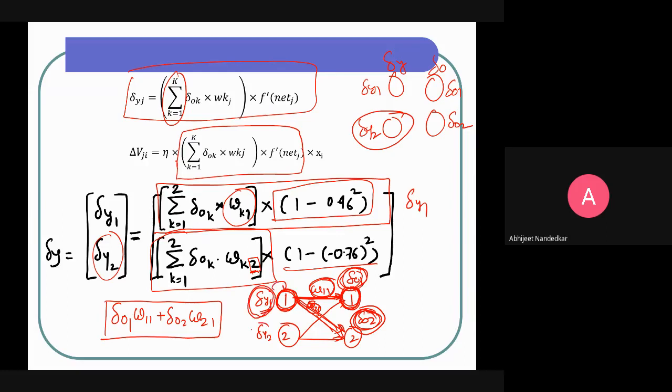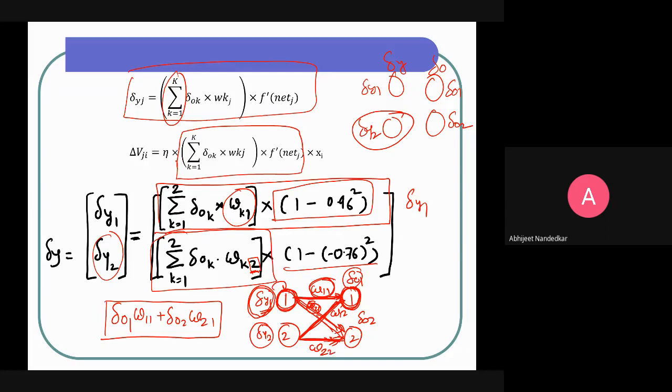Now suppose I want to do it for the second neuron. You will see that I multiply this delta O1 with the weight here, which is W12, and delta O2 will get multiplied with weight W22.